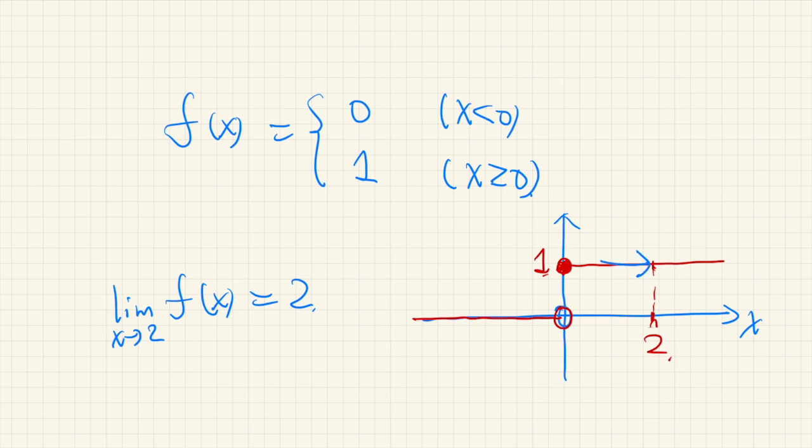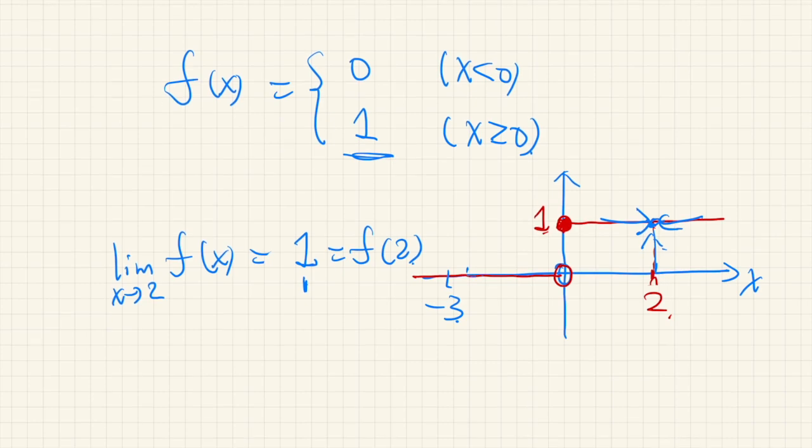Whether you approach from the left or right, the value of the function is always 1. And 1 is this value, f(2). So therefore, this is continuous at x equal to 2, or you can also try x equal to -3 and you get the same result.